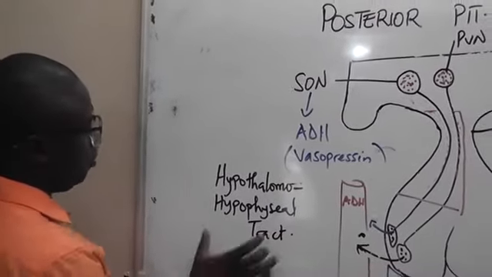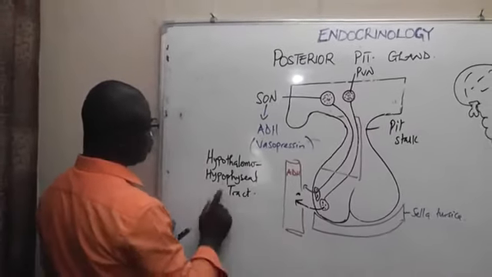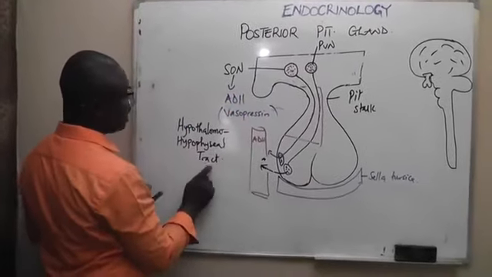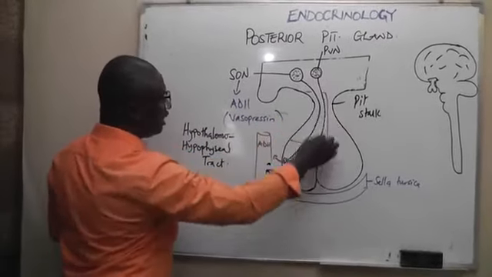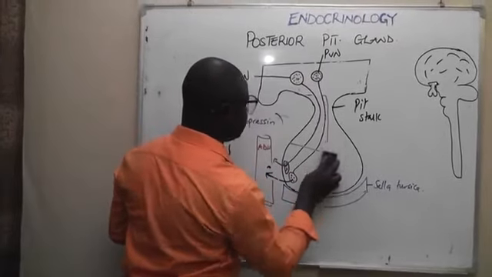Why is this so? Because the pituitary gland is also known as the hypophysis, and we are starting from the hypothalamus. So all of this region is the hypothalamo-hypophyseal tract. I hope that is understood.